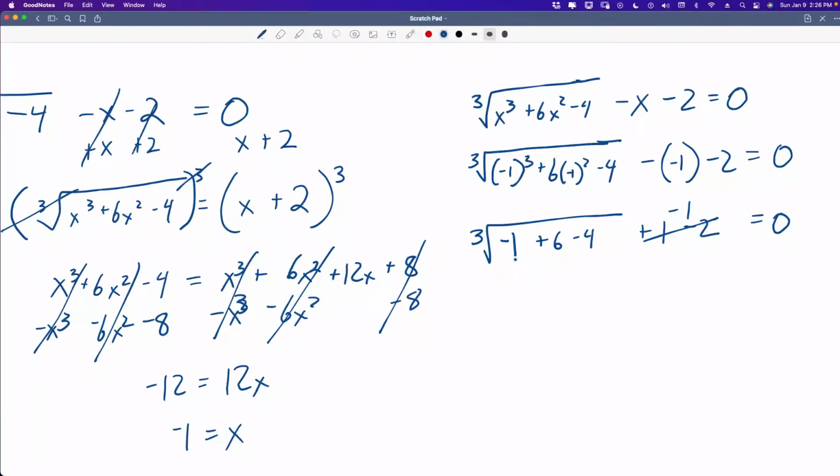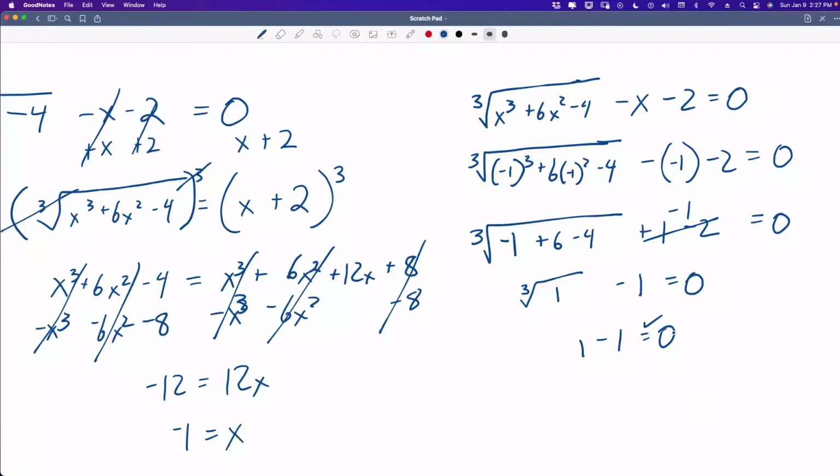All right, so we have negative 1 plus 6 is 5. 5 minus 1 is 1. So the third index of 1 minus 1 equals 0. Well, the third index of 1 times 1 times 1 is 1. So 1 minus 1 is indeed 0. So that is correct.